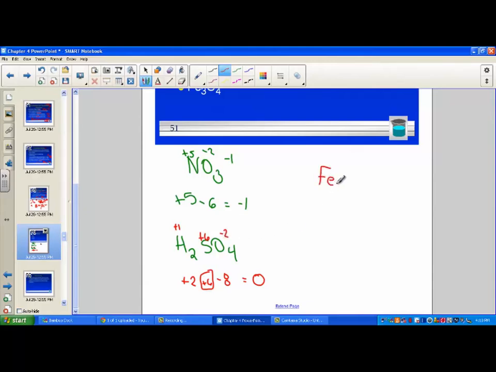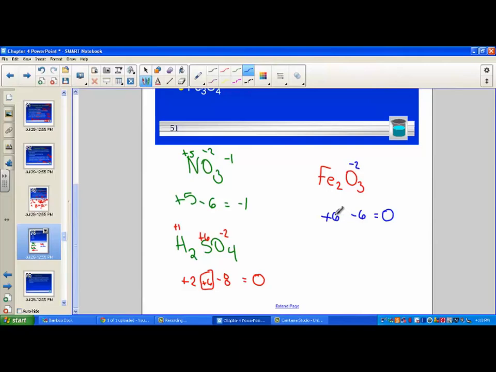How about this one? Fe2O3. Well, the rule for oxygen, -2. 3 units of a -2 give me a -6. I know it will end up to be 0 because it's a neutral compound. I know that the total positive has to be +6, to get me to 0.